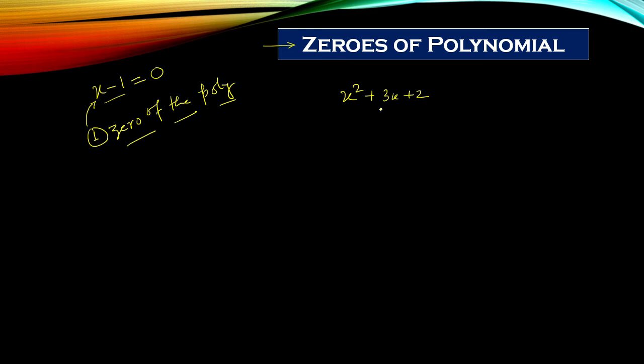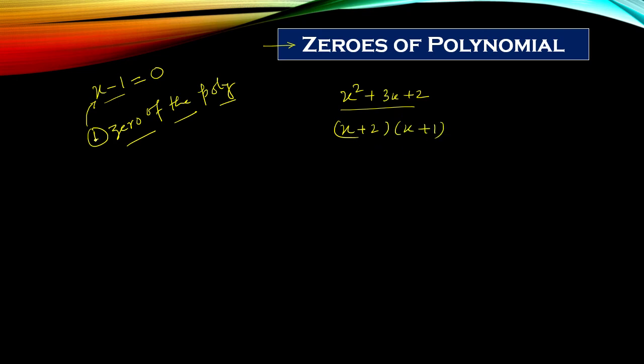So what does the actual process say? Put the number in place of the variable, and if the polynomial gets 0, then that number is a zero of the polynomial. If we go for the reverse process, we get the factors of the polynomial. So we get the factors x plus 2 and x plus 1 by splitting the middle term.